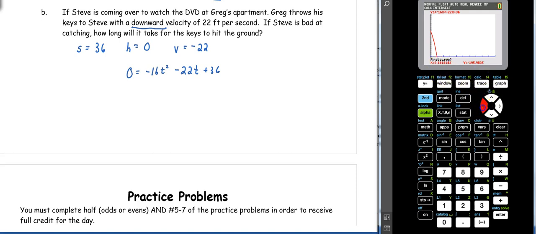And right now we're only at x is 3. Now we're close to our intersection, so we're going to enter 1, 2, 3. And our intersection is going to be t equals 0.96 seconds.